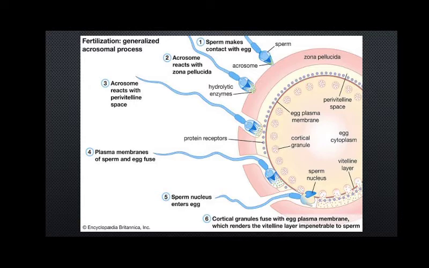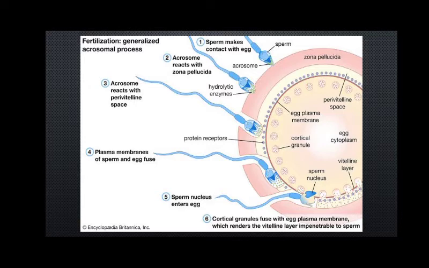Otherwise, a single ovum could be fertilized by multiple sperm, and that is definitely not accepted. So this is a way of preventing any multi-fertilization event. So this is how the sperm releases its nucleus inside.